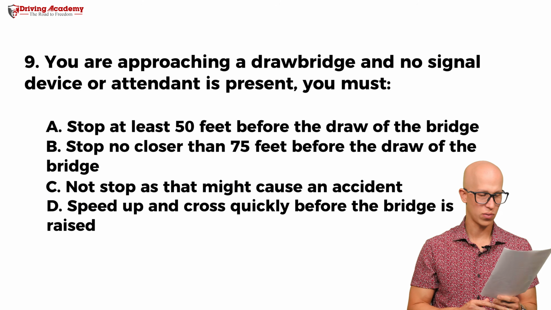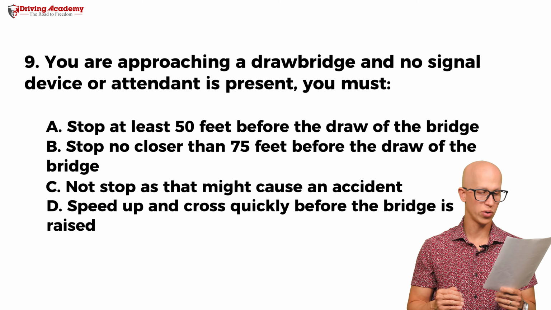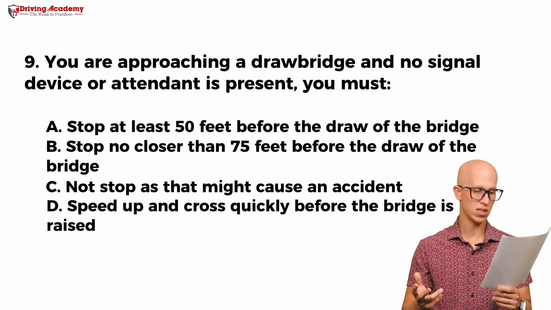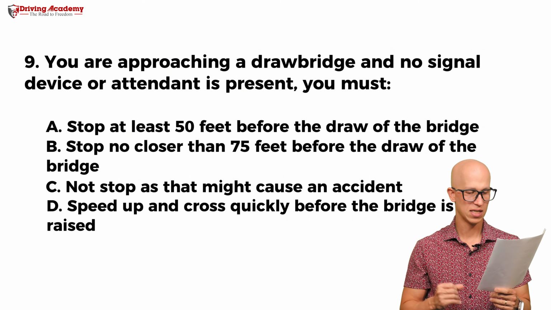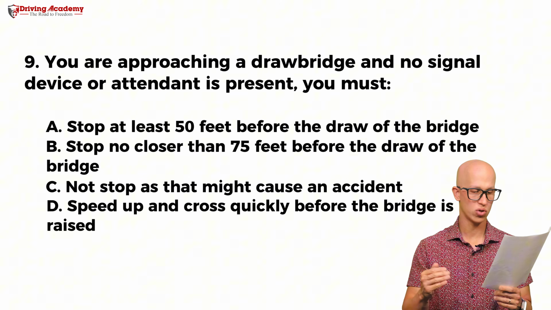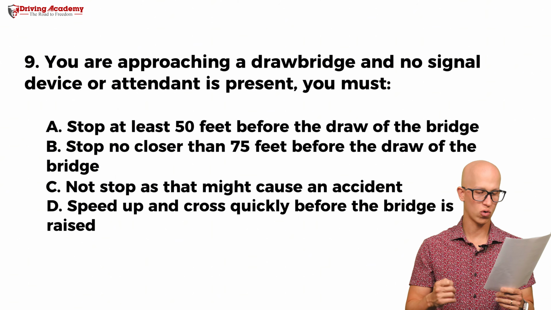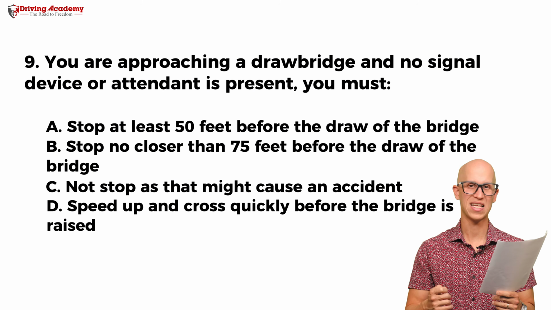All right, so now the next question is going to be, you are approaching a drawbridge and no signal device or attendant is present. You must A, stop at least 50 feet before the drawbridge. B, stop no closer than 75 feet before the drawbridge. C, not stop as this might cause an accident. Or D, speed up and cross quickly before the drawbridge is raised.